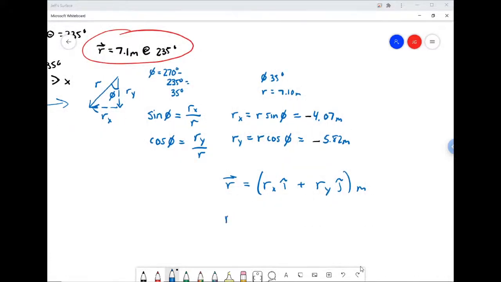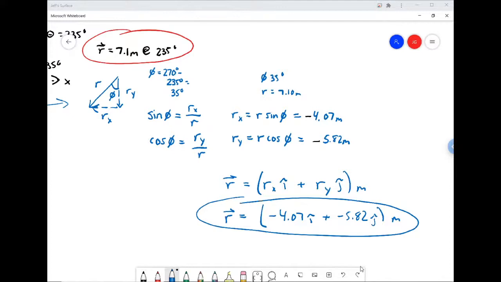It would look like this: R equals minus 4.07 i hat plus minus 5.82 j hat meters. Okay? So you can represent this vector in unit vector notation with its x and y components. There are two different ways you can do that.